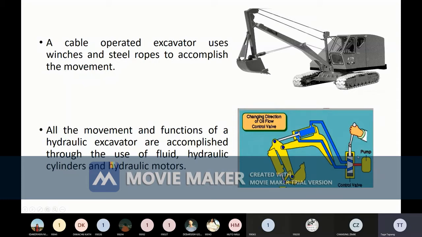Because of hydraulics, you see, this you might have seen earlier. This is your DCV, control valve. This is the direction control valve. Whatever fluid is coming from the reservoir via pump, maybe gear pump, this is the entry portion. From the pump it will go at high pressure.